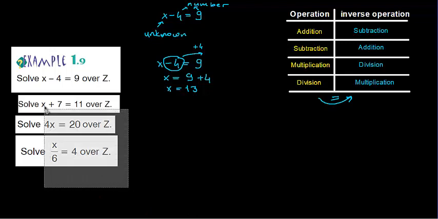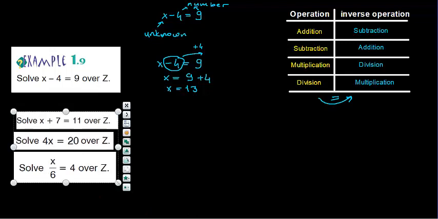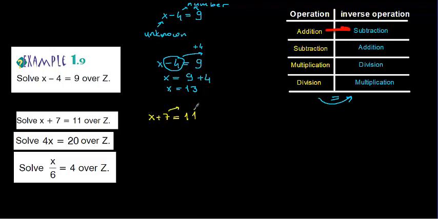If I solve the second exercise here, x plus 7 is equal to 11. Now the operation is plus, which means addition between x and 7. I'm going to send the 7 to the other side. For addition, the inverse operation is subtraction.